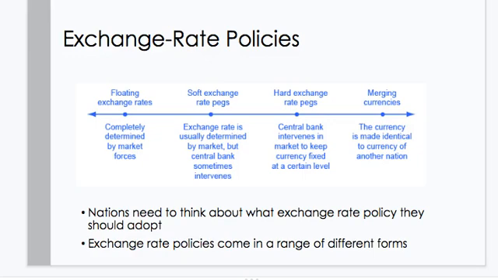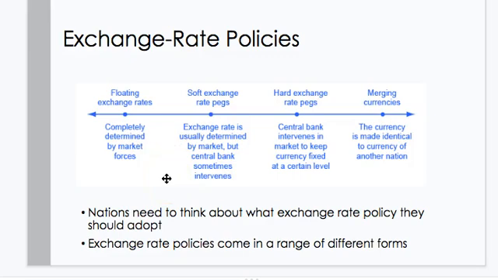Exchange rate policies. Nations need to think about what exchange rate policy they should adopt. Exchange rate policies come in a range of different forms. Floating exchange rates is one extreme, and that's when it's completely determined by market forces. That's what we have. Soft exchange rate pegs: the exchange rate is usually determined by the market, but central banks sometimes intervene.